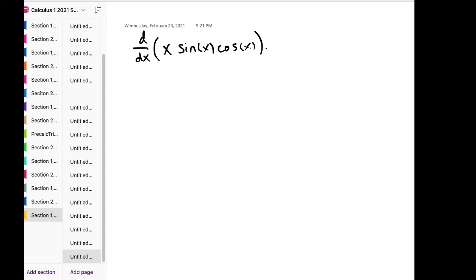So the trick is, I want two functions, right? The product rule is the derivative of a product of two functions. So I need two functions here as a product. On first glance, it may look like three functions.